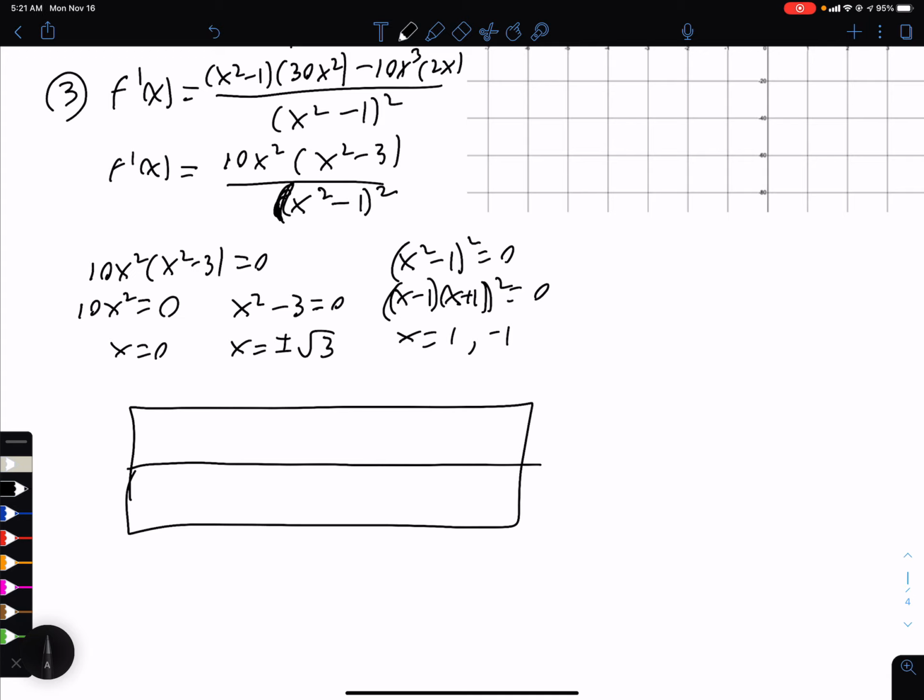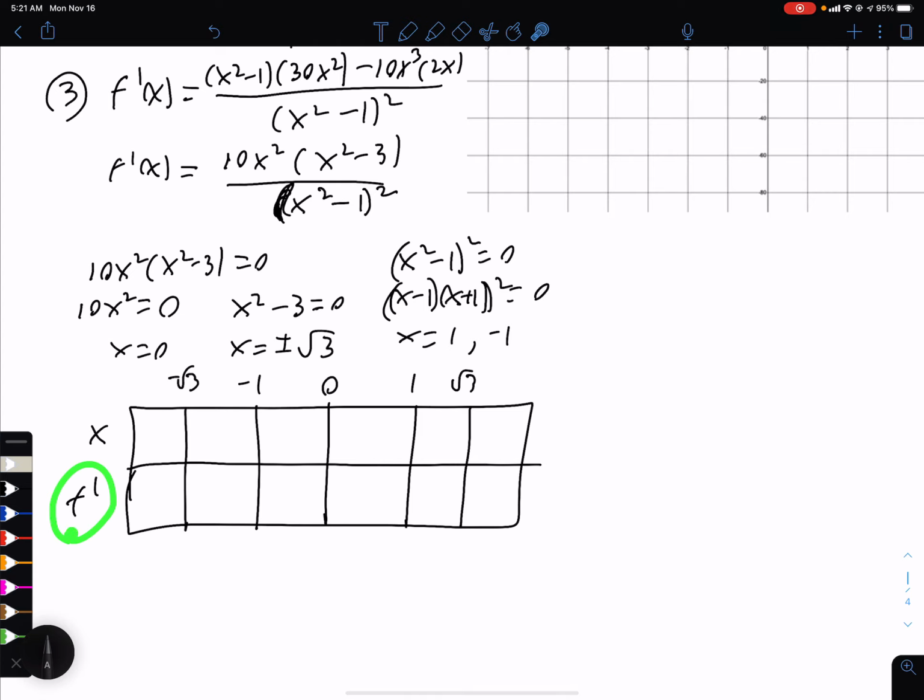Okay, so we found 0, plus and minus 1, and radical 3, all of our critical points where magical things can happen. And why do we put the derivative here? Because that tells us increasing, decreasing. That justifies relative max and mins. And that's what this first derivative does for us.